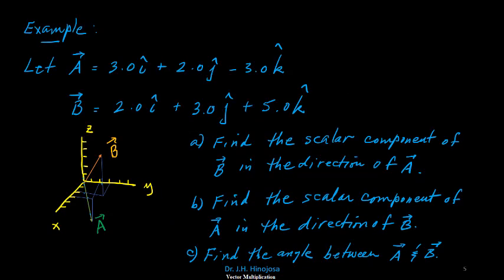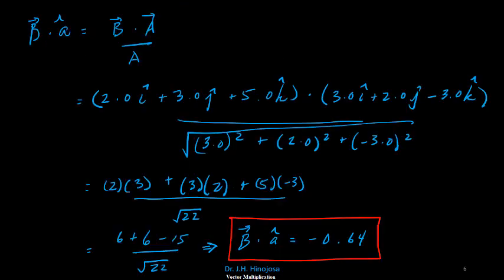And the last thing we need to figure out is the angle between A and B. So here, this was part A. And so part C now is the angle between A and B. We know that A dot B is the magnitude of A times the magnitude of B times the cosine of the angle between the two.